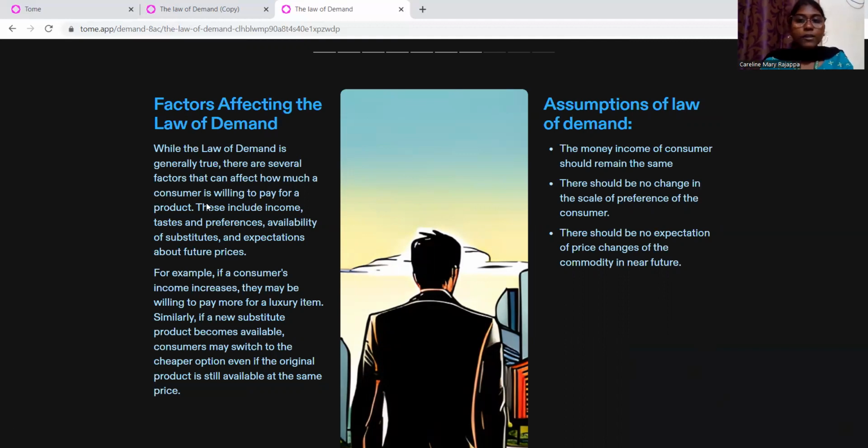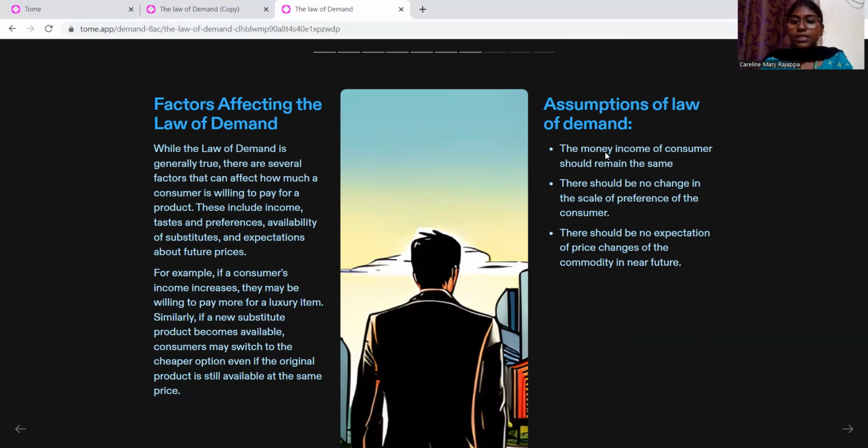Similarly, if a new substitute product becomes available, consumers may switch to a cheaper option rather than going for the costlier option. So those are the factors affecting the law of demand. There are several factors that can affect how much a consumer is willing to pay for a particular product.